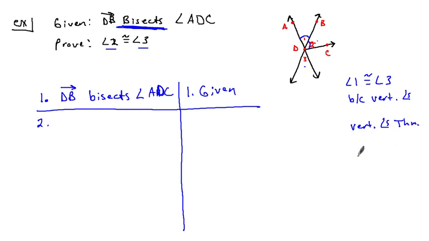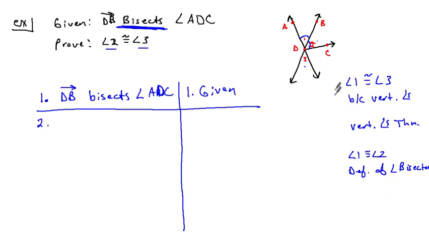And then we also know we marked on our picture that angle 1 is congruent to angle 2, and that's because of the word bisect. So that's because we know the definition of an angle bisector, or we know the definition of the word bisect. Anyway, either way you say it is fine.